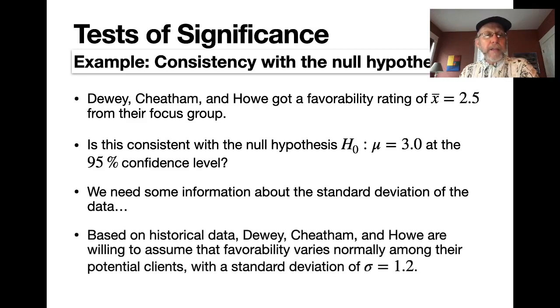And in this case, let's just assume that based on historical data from previous ad campaigns, the firm is willing to assume that favorability varies normally among their potential clients with a standard deviation of sigma equal to 1.2. So let's evaluate consistency by looking at the middle C percent of the sampling distribution first, and then we'll look at the confidence interval approach.